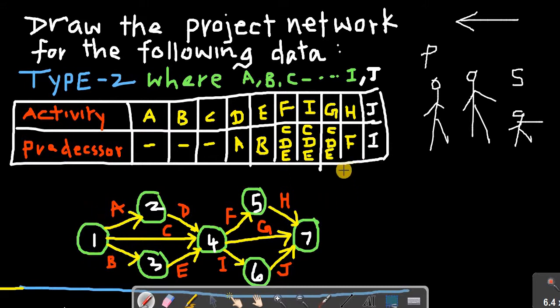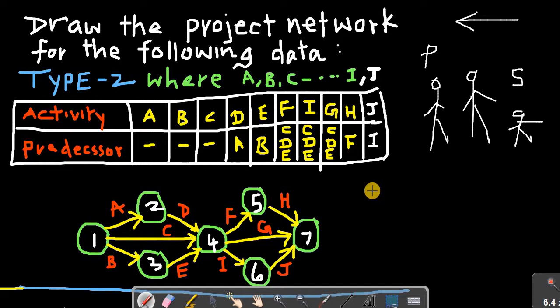Now H doesn't have a successor. Similarly, G doesn't have a successor. Similarly, I doesn't have a successor.